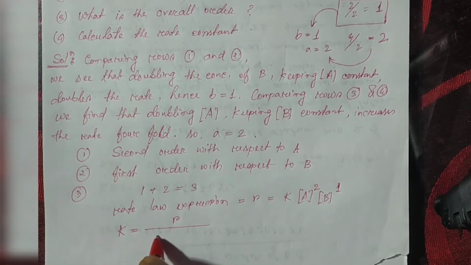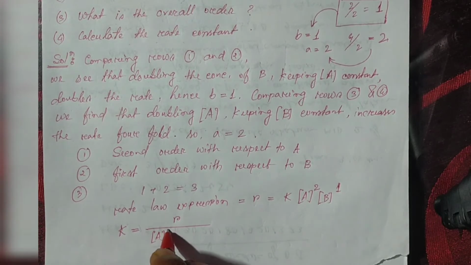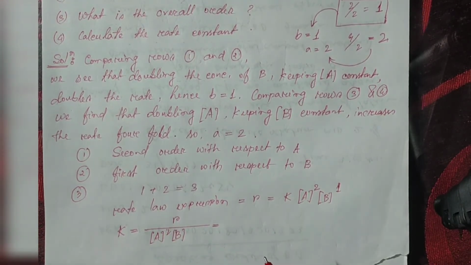R by A square B. So randomly we will select any one of the four conditions, any one of the data given in the question. Now we are considering the first one.